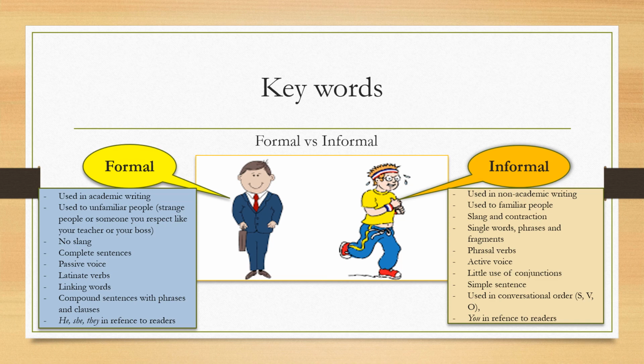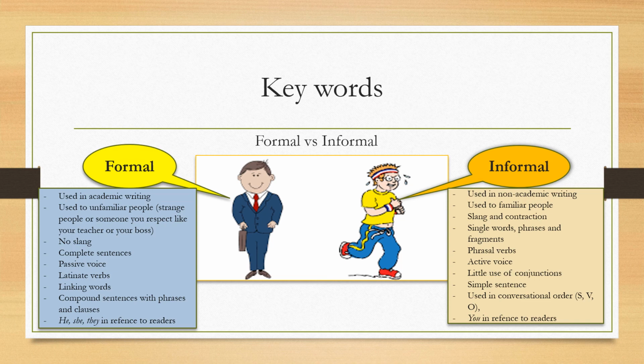in non-academic writing and used to familiar people, people we know, our friends, our relatives, people we know very well, with whom we can use slang and contractions. We use single words, phrases and fragments. We use phrasal verbs, active voice, and a little use of conjunctions.